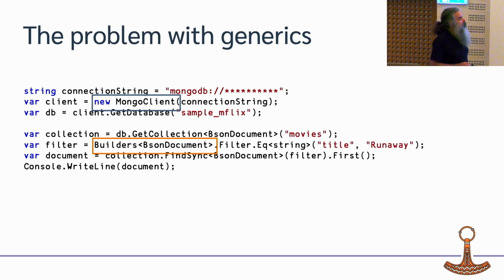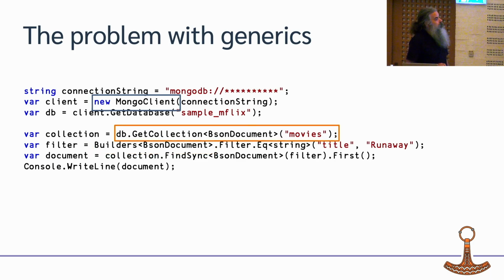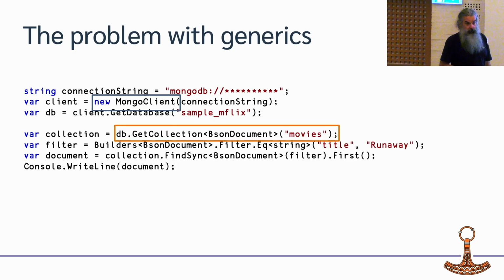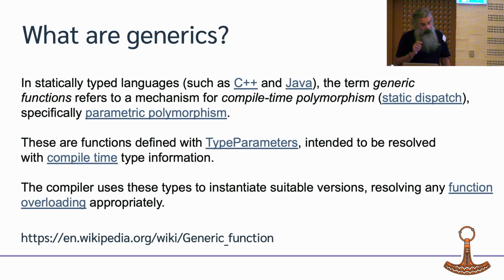And here, for example, there is a reference to something that looks a bit generic-y. Here is something else that looks a little bit generic-y. What we're doing here looks like a function call, and it's got some generic stuff going on because we can see those angle brackets. They're less than, greater than, and in fact there's a few of those in here. What are these generics? What are these things?